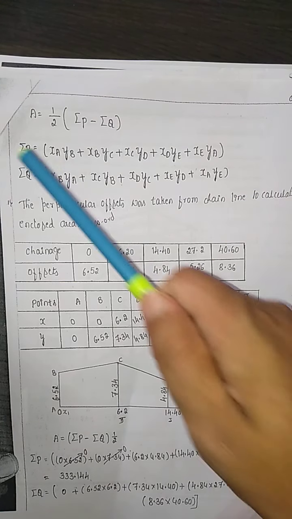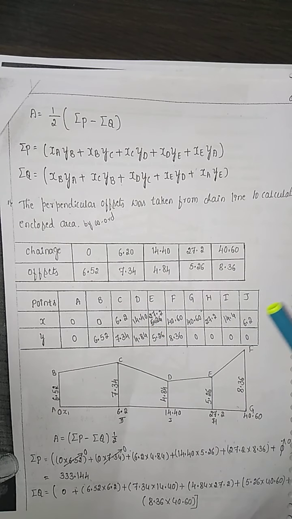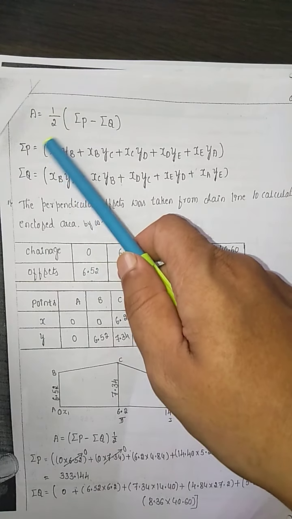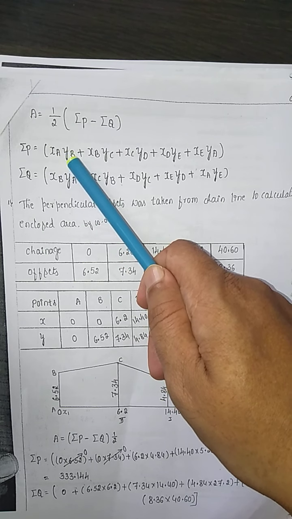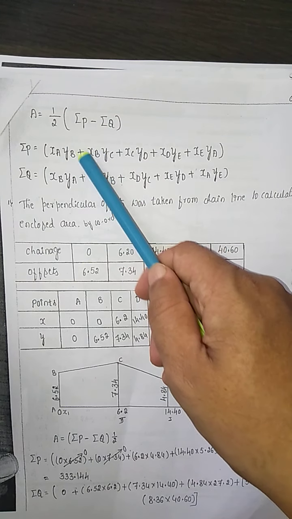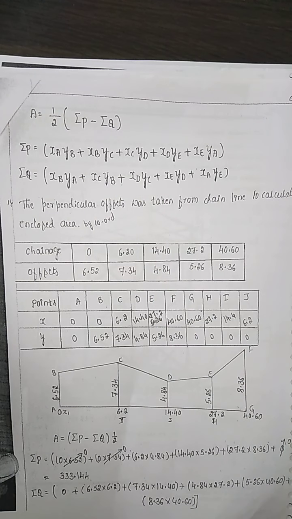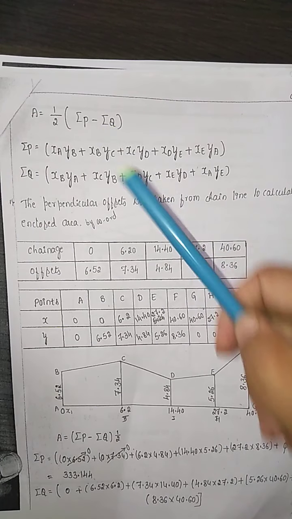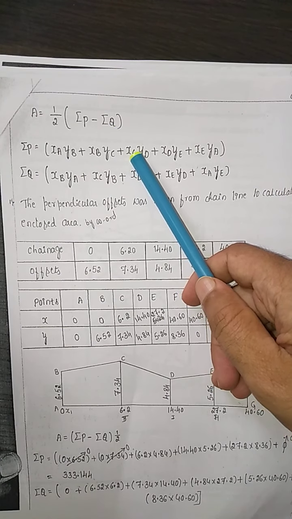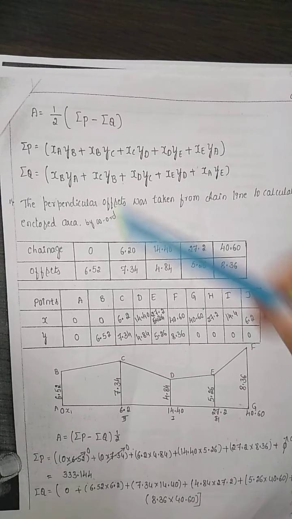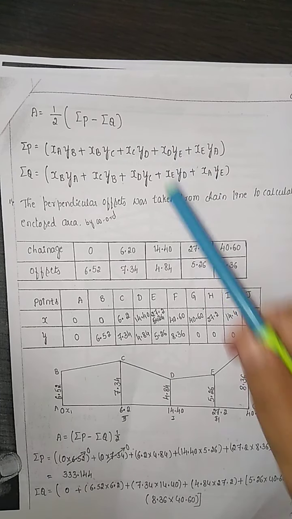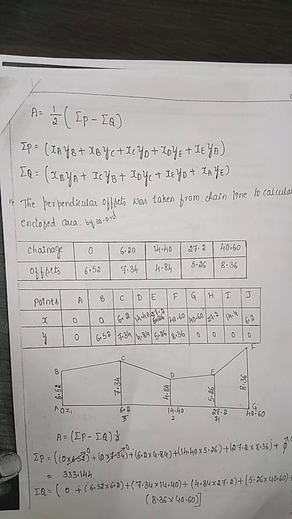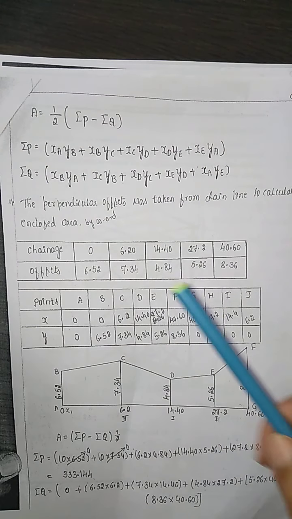To determine sigma p, sigma p is given by xa and yb, which we multiply, then the horizontal coordinate of B and the vertical coordinate of C, we multiply. Then the horizontal coordinate of C and the vertical coordinate of D, we multiply. Then the horizontal coordinate of D and the vertical coordinate of E, we multiply. Like this we continue.